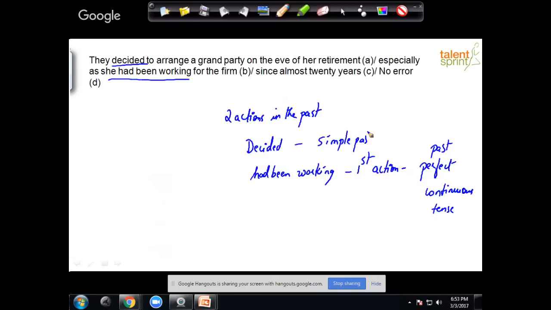That's the second action. So this is fine as it is. There is no error in this. It's absolutely fine. They decided to arrange a grand party. This is the second action. Why? Because she had been working for the firm for almost 20 years. Are you following? So here, there's no error in this. This is fine. The error is here. Incorrect preposition.